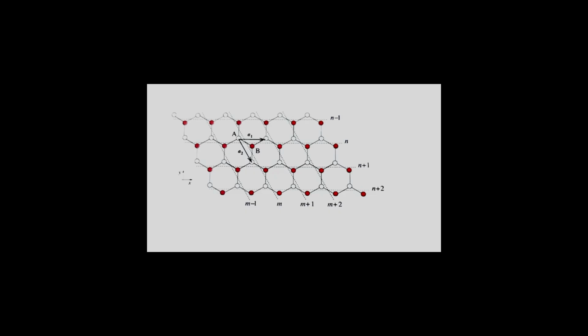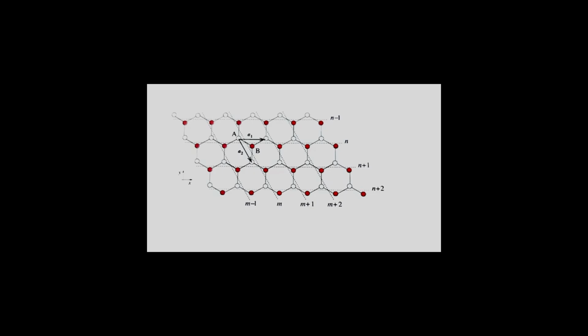So, let me show you how we calculate this Hofstadter butterfly for graphene. So, let me take a graphene lattice or a honeycomb lattice with 2 atoms per basis, these red and the white atoms. For the sake of clarity, we have taken these lines which correspond to m minus 1, m plus 1 and m plus 2 in the vertical direction, though it is slanted, and then we have also taken the horizontal lines as n minus 1, n plus 1 and n plus 2 and so on.